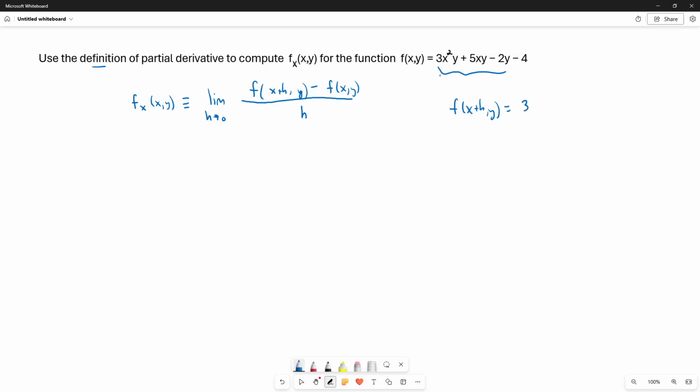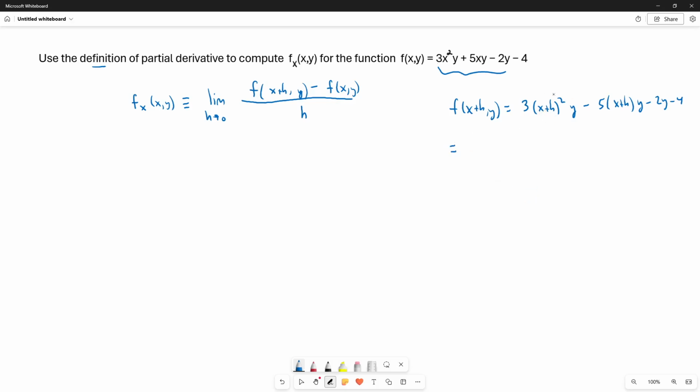So this is 3 times x plus h squared times y, minus 5 times x plus h times y, and then minus 2y minus 4.